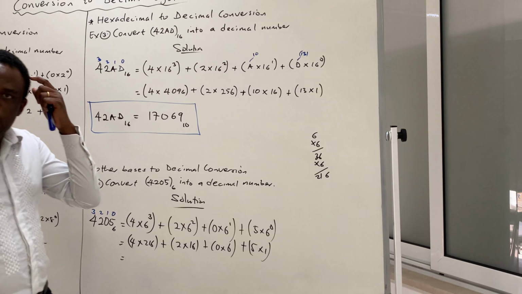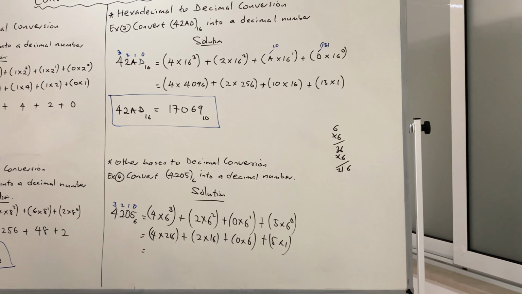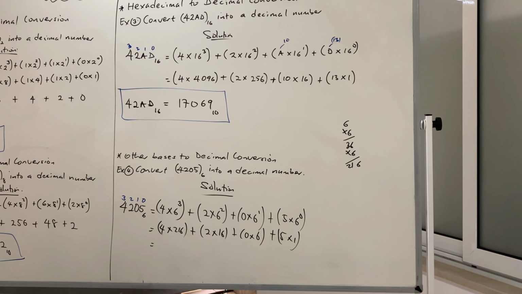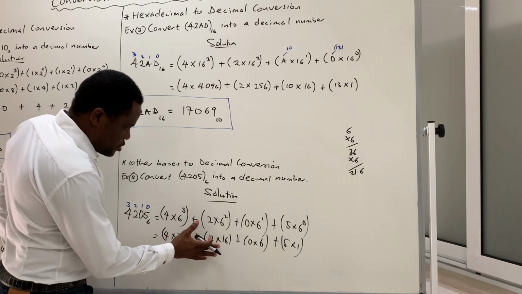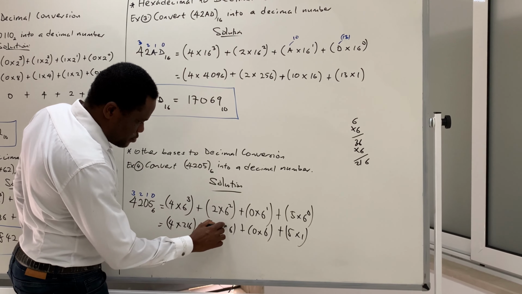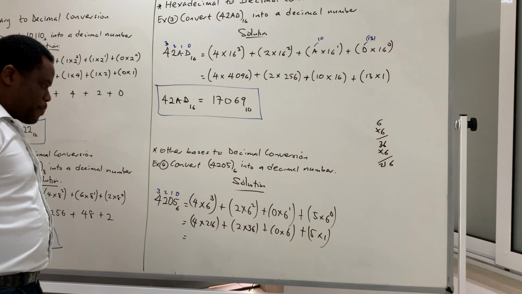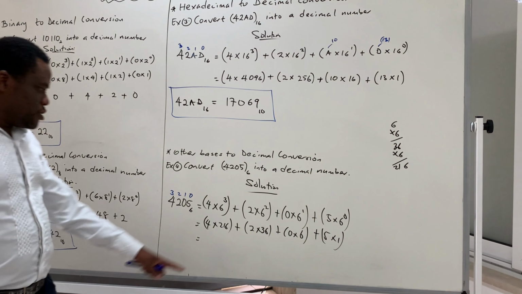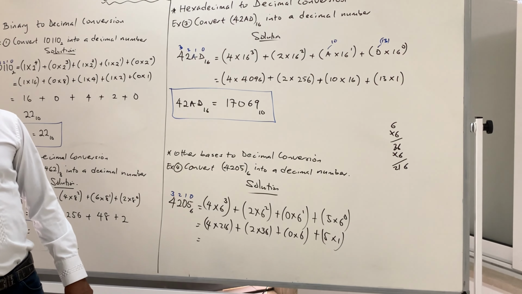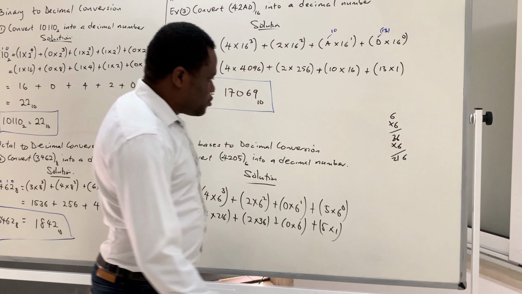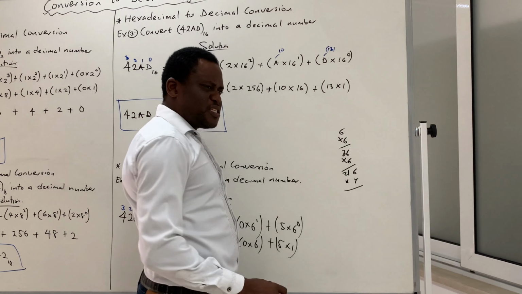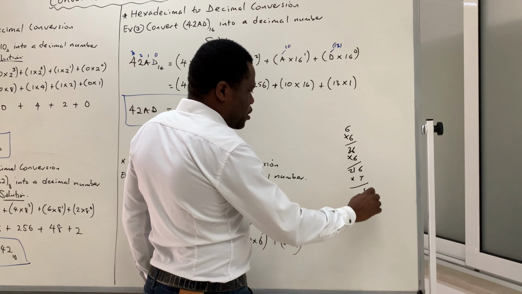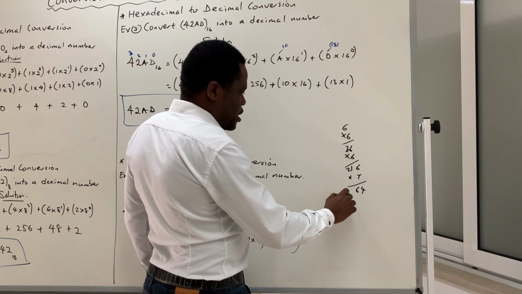Now 4 times 216. Nice observation: 6 squared is 36. So 6 times 4 is 24, carry the 2, 4 times 1 is 4, plus 2 is 6, and 4 times 2 is 8.